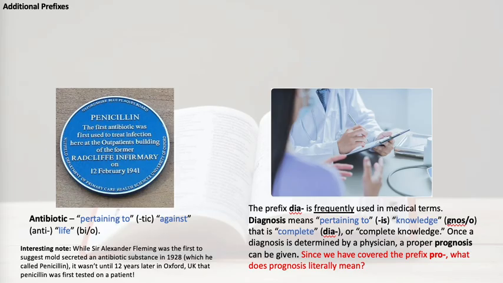So, how will this affect your health over time? As we saw before, pro in the case of prosthesis, or prothrombin, but for prognosis as well, pro referring to before or forward. So essentially, the prognosis is kind of the moving forward now that we have a diagnosis.